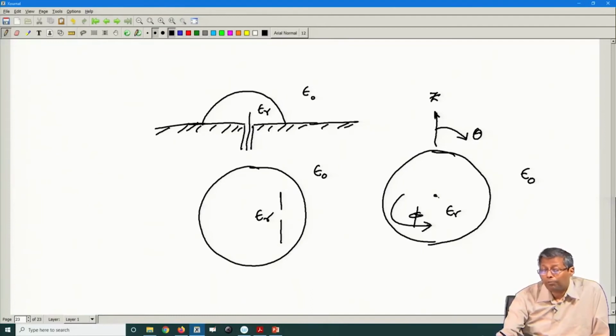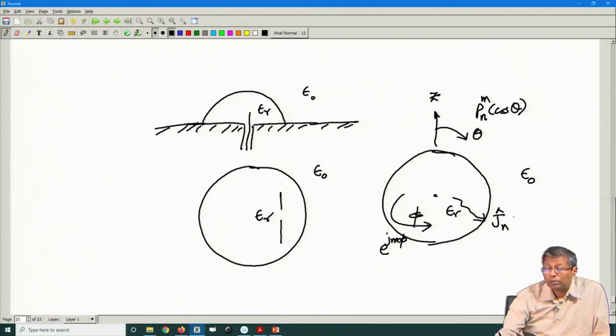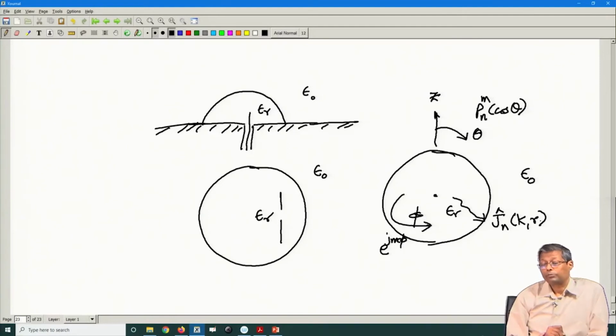The potential functions inside this sphere will be described by functions like P n m cos theta along the theta direction, e to the power j m phi along the phi direction, and along the radial direction, j n of k 1 r.